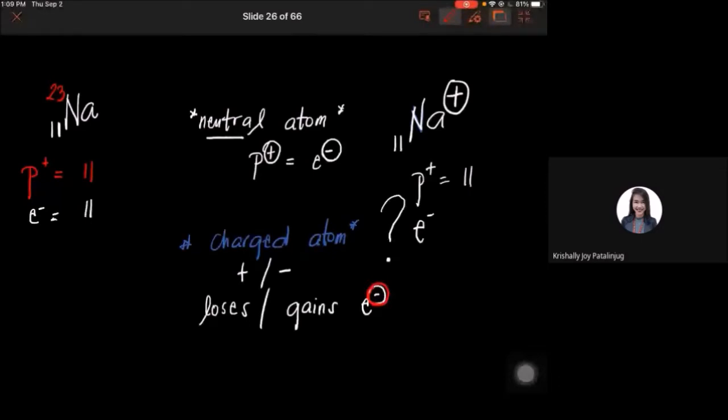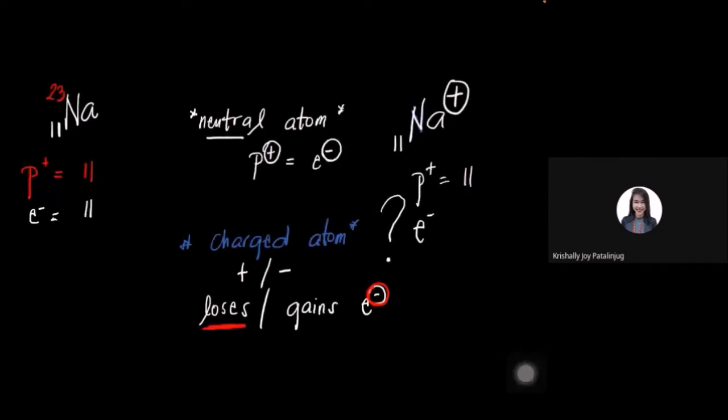Ngayon, when you say an atom loses an electron, nag-donate siya ng electron, nagbigay siya ng negative charge, nag-lose siya ng negative charge, ano yung mangyayari sa kanya? Magiging more positive ba siya or magiging more negative? Kung nag-alis siya ng negative electron, ano yung mangyayari sa kanya? Positive or negative?